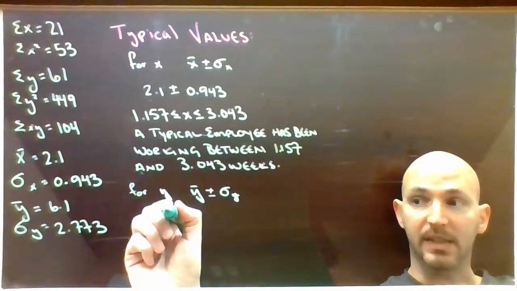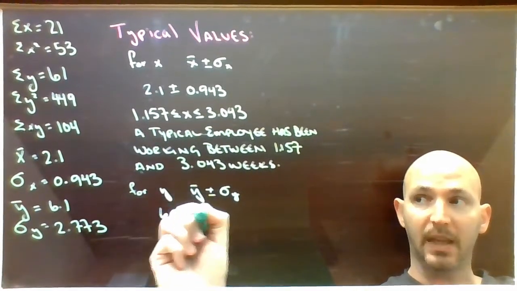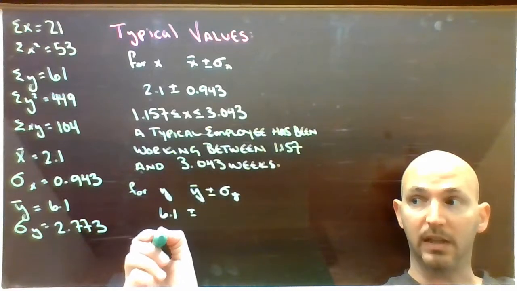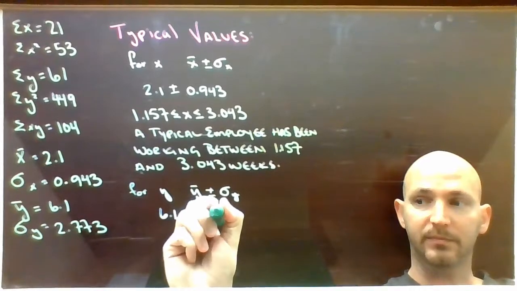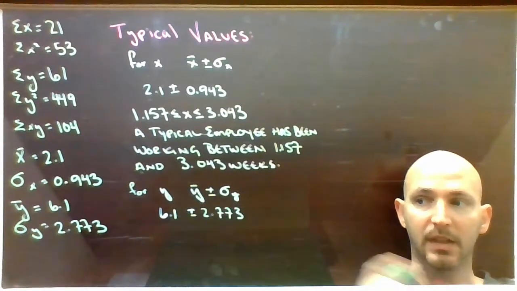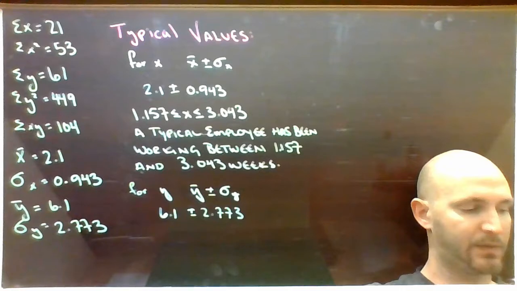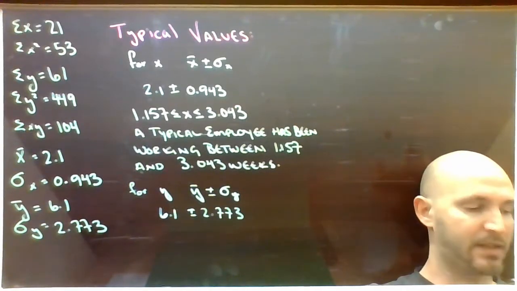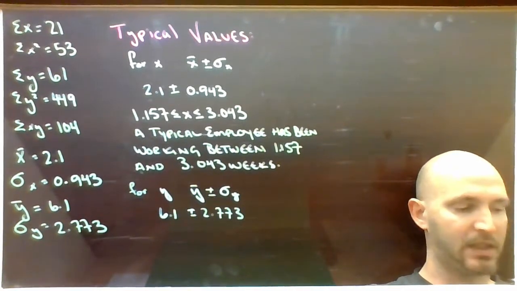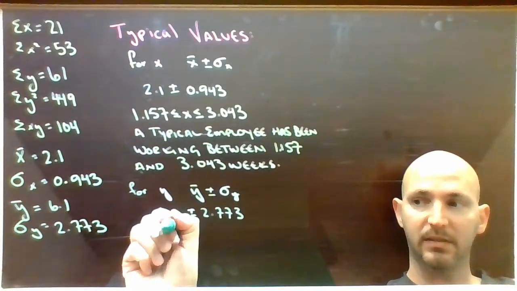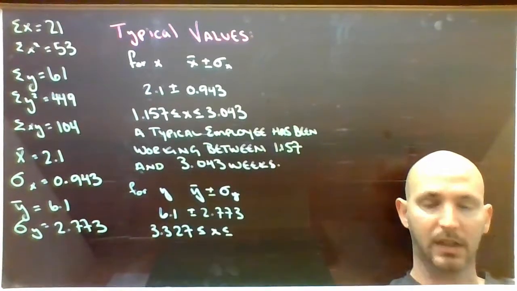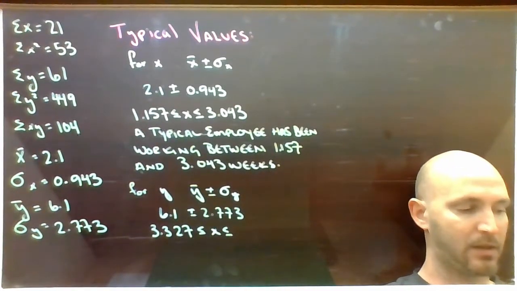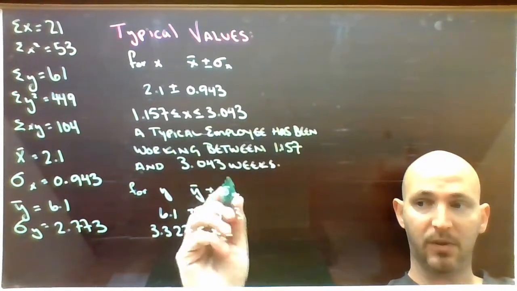My average y was 6.1 and the standard deviation on that was 2.773, giving us a range of 6.1 minus 2.773 is 3.327, and 6.1 plus 2.773 is 8.873.